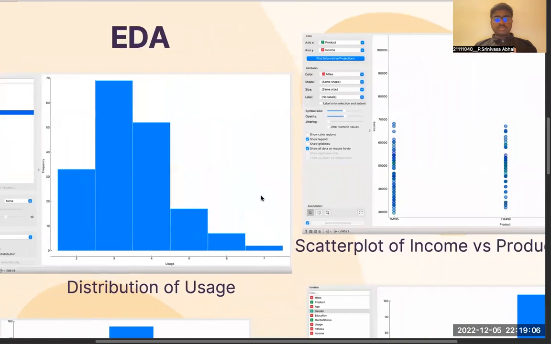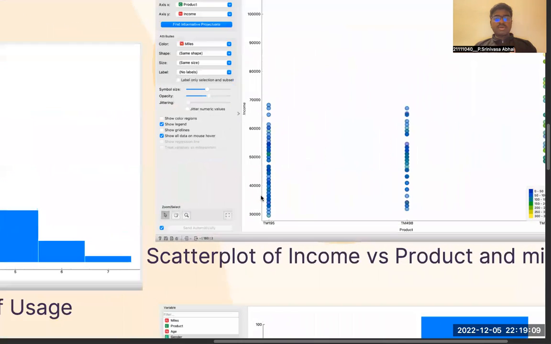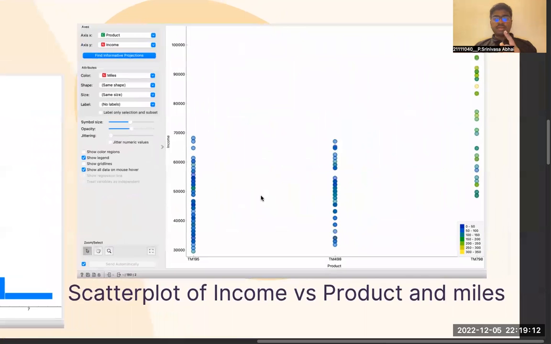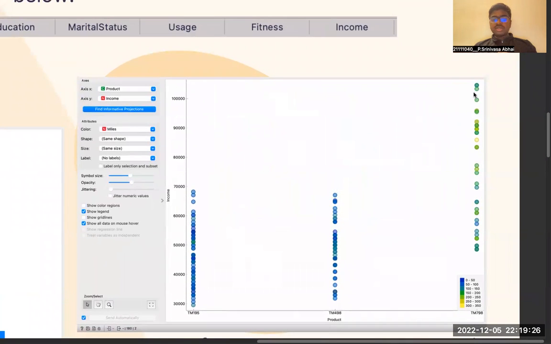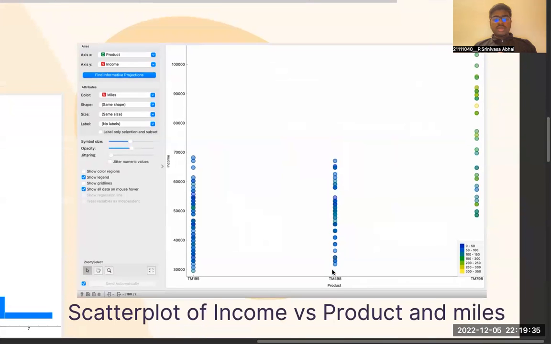Now, this is a scatter plot of income versus product and miles. There are three different products in this cardio machine, and we can clearly see that the third cardio machine is slightly costlier than the first two. Also, the color of the dots gives the information about the number of miles.